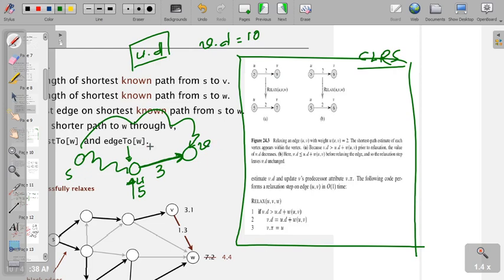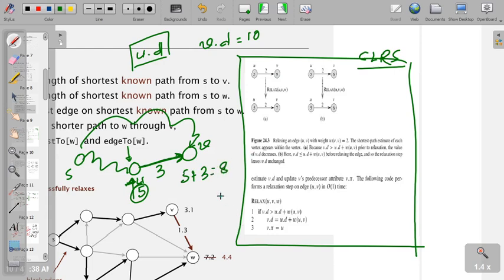That means from source to v, I have a path via u. So far from source to u I have got 5, and u to v I have got 3. So from source to v, how much is the cost? 5 plus 3, that is 8.